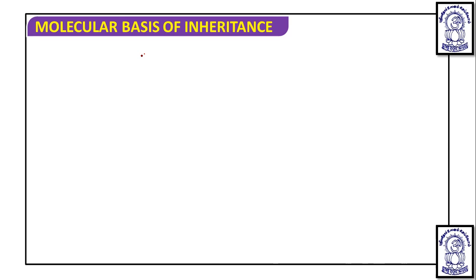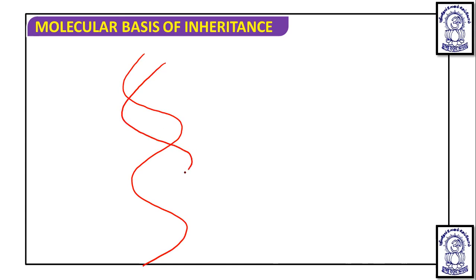If we draw the structure of DNA, it somewhat looks like this. Here, one strand has a 5 dash end, and on the other end 3 dash. Here, if it is 3 dash, on the other strand you will find a 5 dash.